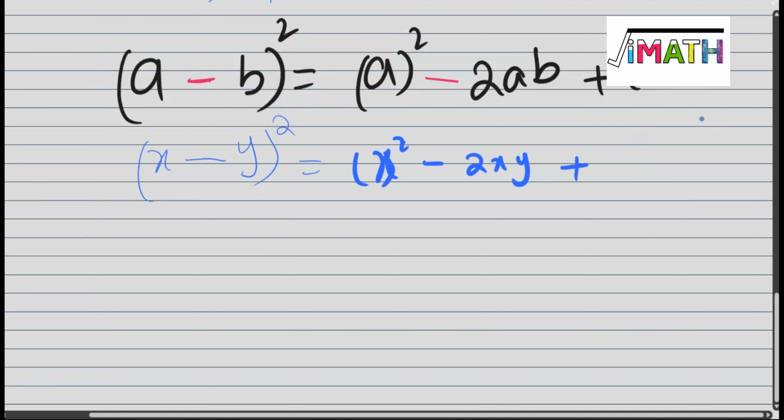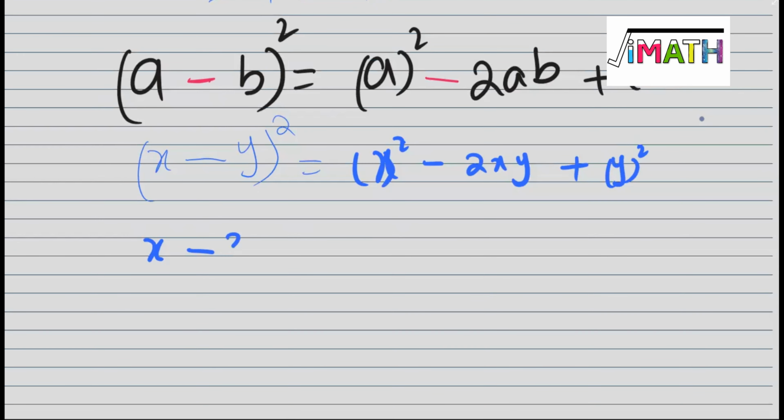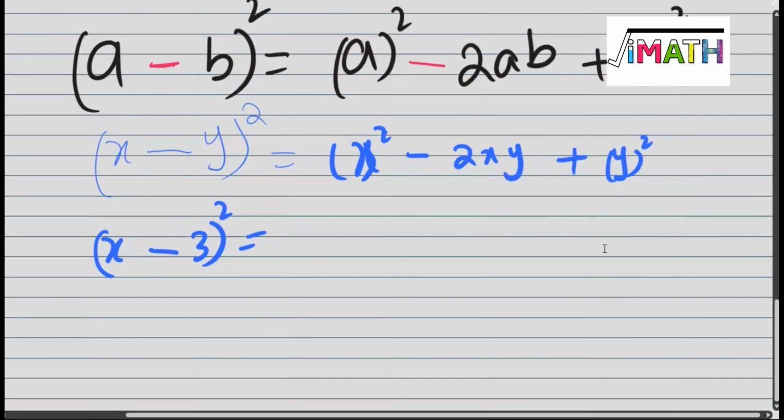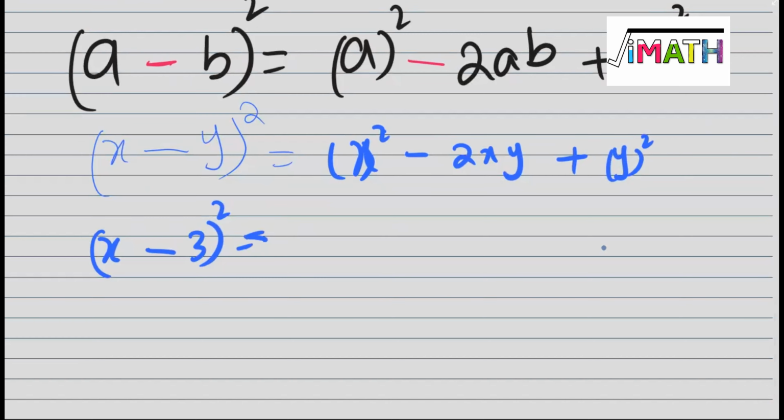If I change this question with some numerical values, let's say x minus 3, can you open up this formula? Start off with x squared minus 2 times 3 times x, then plus 3 squared.